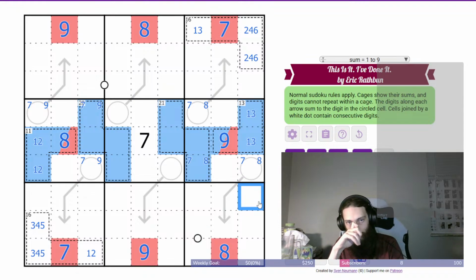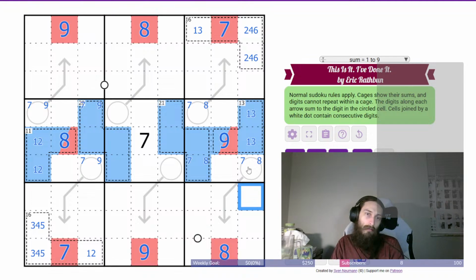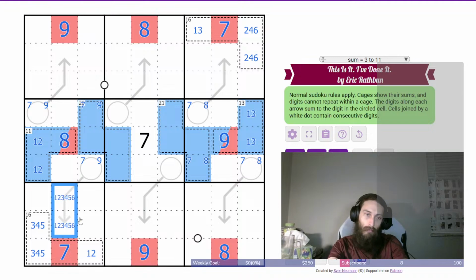All right. In box 7, down here, the arrow. Yeah. Okay. If the circle for that is a 7, then it has to have, you can't have 3, 4, because 3 has to be in the 9. Right.